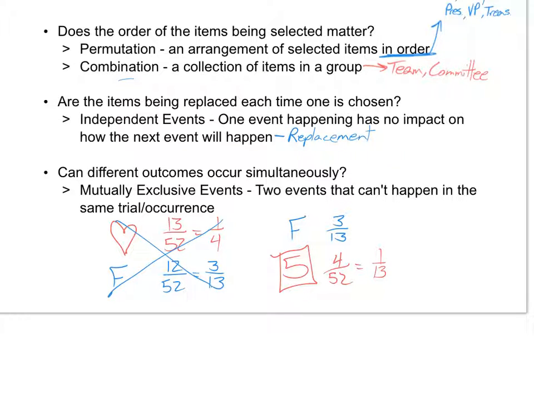Now, if I draw a card out of the deck and I got a 5, is it possible for it to also be a face card? No. Because the face cards are only jacks, queens, or kings. So, these would be what we call mutually exclusive events. It's impossible for one event to have both outcomes at the same time.